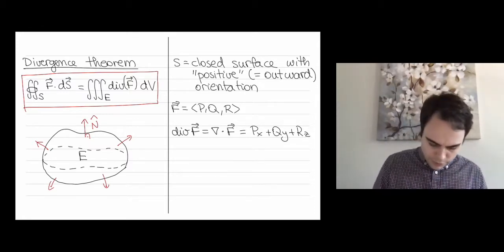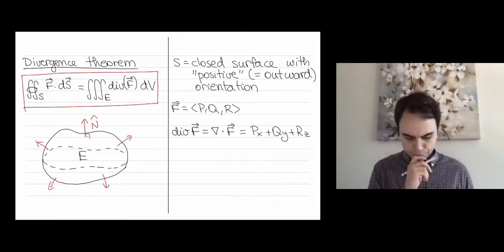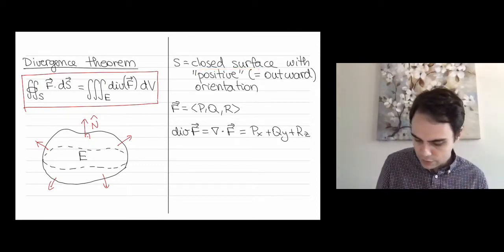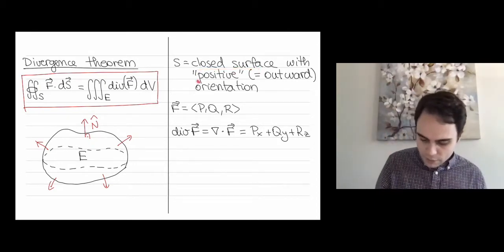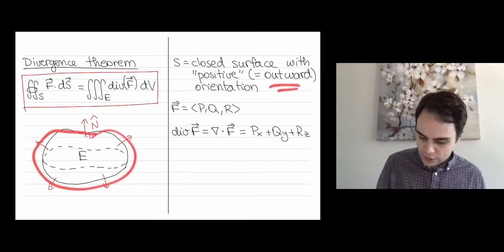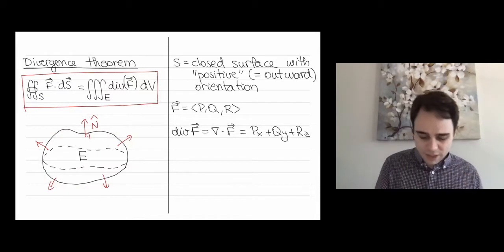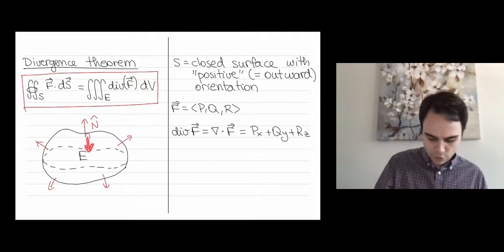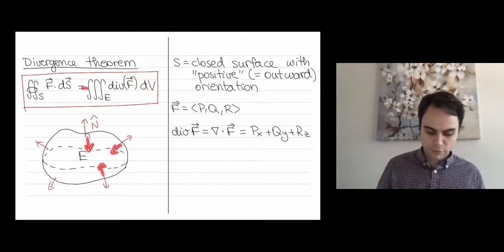So the theorem says if we have a closed surface and a vector field, and here we're giving the closed surface the quote-unquote positive orientation. This means outward orientation. We call it positive because it's the one where the theorem works with the plus sign. If I had used the inward orientation, if these normals were pointing in, then the theorem would have a minus sign.